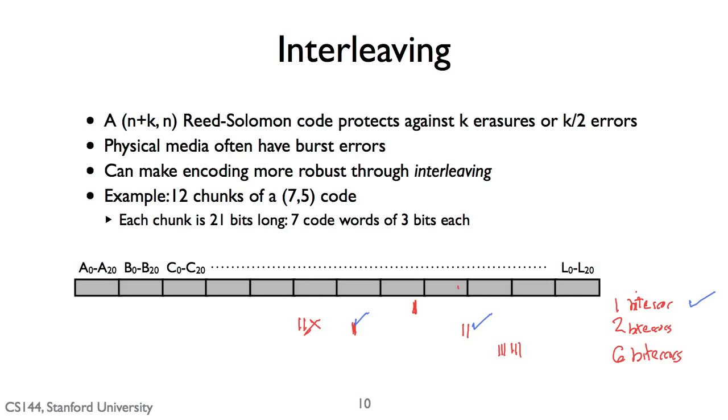So what we can do instead is something called interleaving. Rather than send our data as A0 through A20, B0 through B20, where a burst of errors is concentrated on a block, instead what we send is these bits interleaved.